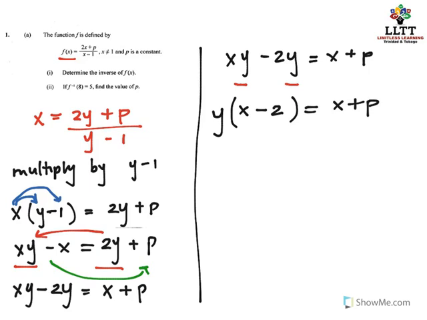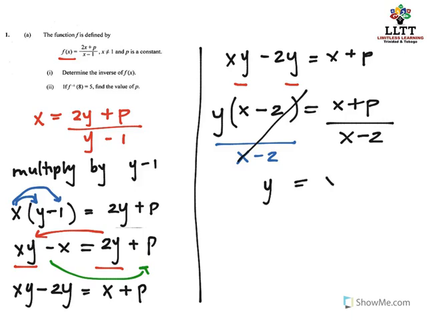Now again, we want to find for y by itself, so we're going to divide each side by x minus 2 to get rid of that x minus 2 that's on the left hand side. So we're going to divide both sides by x minus 2. Anything over itself will cancel, so in essence, this will cancel, leaving us with y is equal to x plus p over x minus 2.